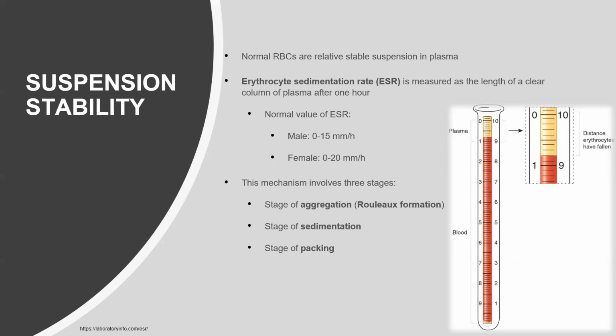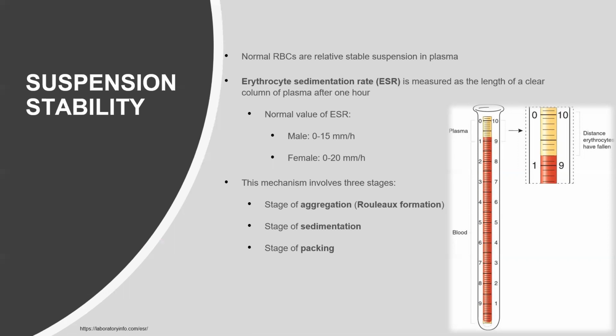This process is called sedimentation, and the rate of sedimentation is known as erythrocyte sedimentation rate, ESR. Erythrocyte sedimentation rate is measured as the length of a clear column of plasma after 1 hour, right?